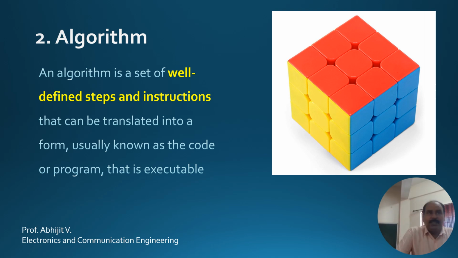So the next method is the most important method. We call it the algorithmic method of problem solving. Trial and error, I told you, there are so many examples. Trial and error is something where you try something.